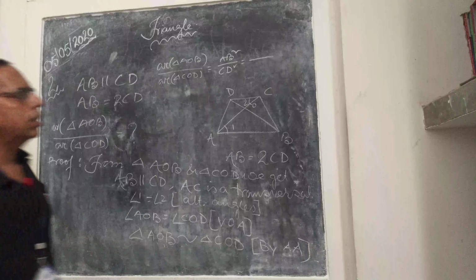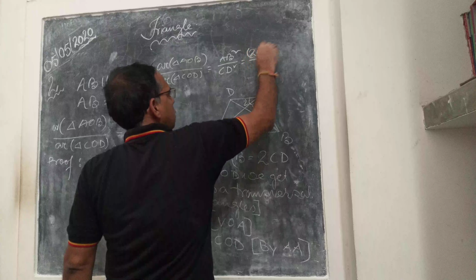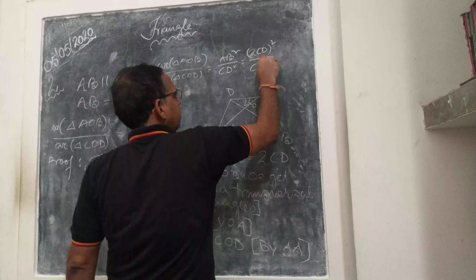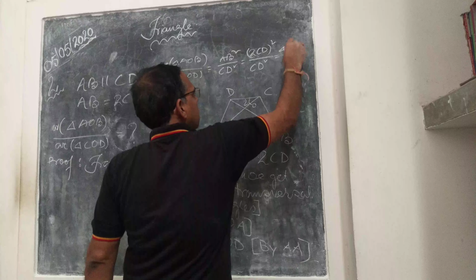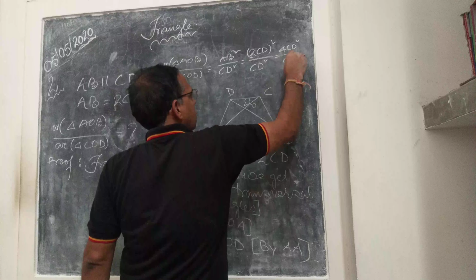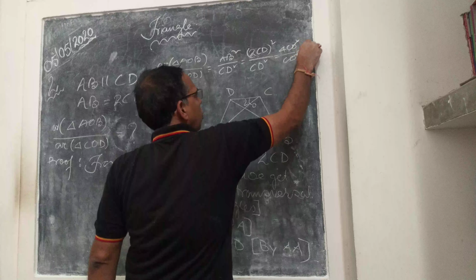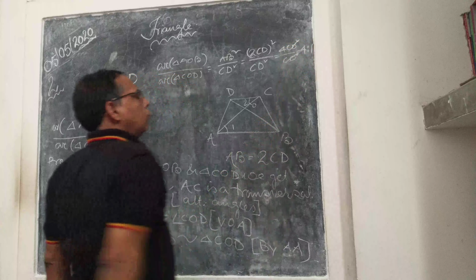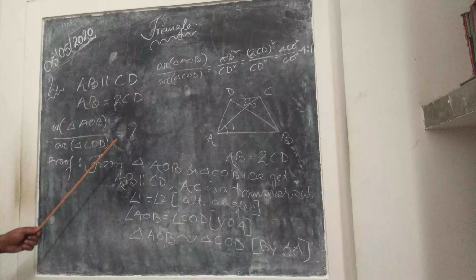AB is equal to twice CD, which means twice CD square by CD square, equal to 4 CD square by CD square, equal to 4:1. So this is question number 2.